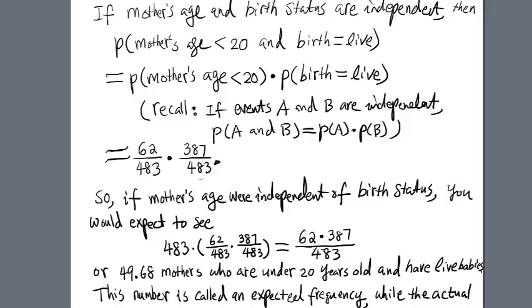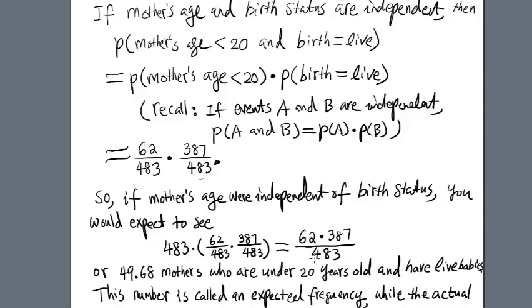I hope this makes sense to you. This number is called an expected frequency, or expected count, expected value, whatever you call it. That is what is expected if independence is correct.